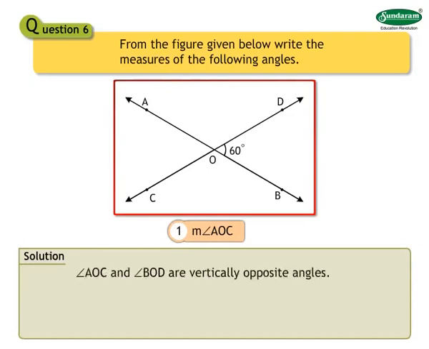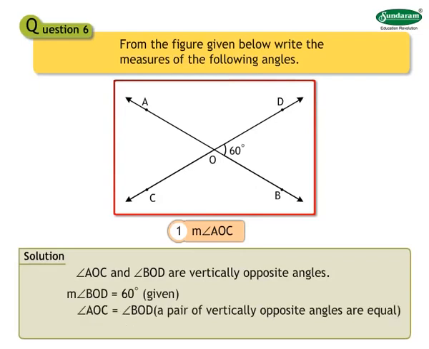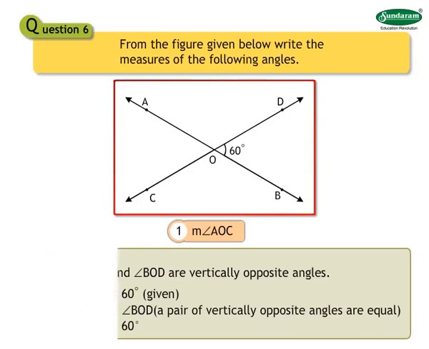Here, angle AOC and angle BOD are vertically opposite angles. It is given that measure of angle BOD is 60 degrees. We know that a pair of vertically opposite angles are equal. That is, angle AOC is equal to angle BOD. Therefore, measure of angle AOC is equal to 60 degrees.